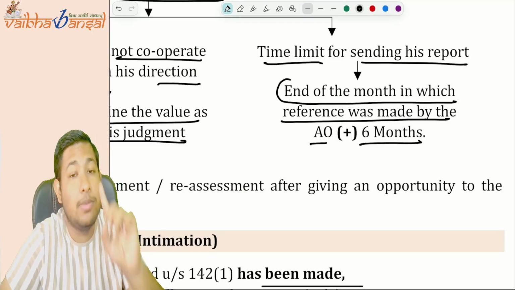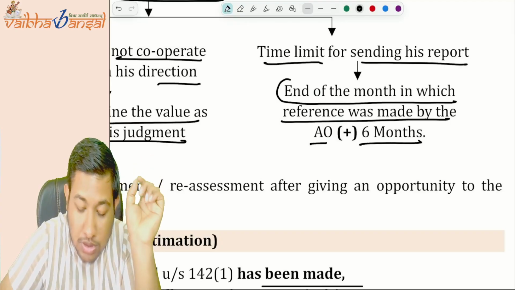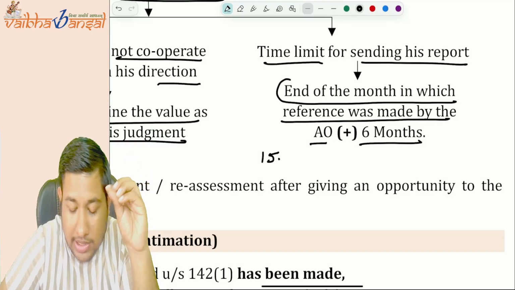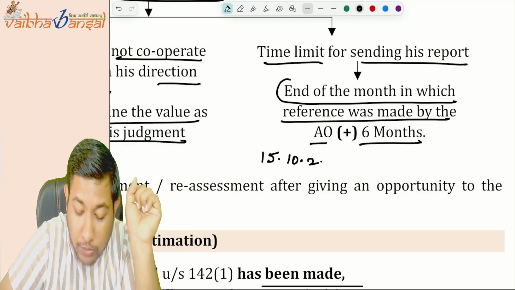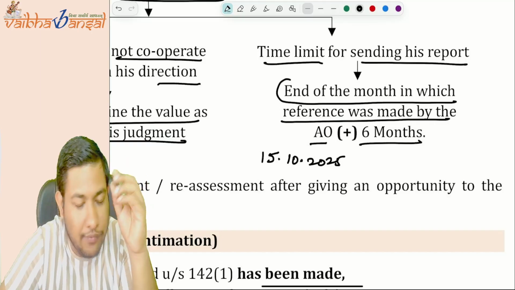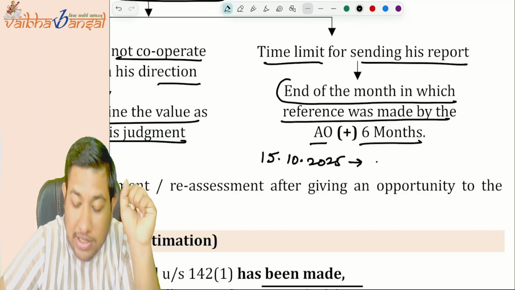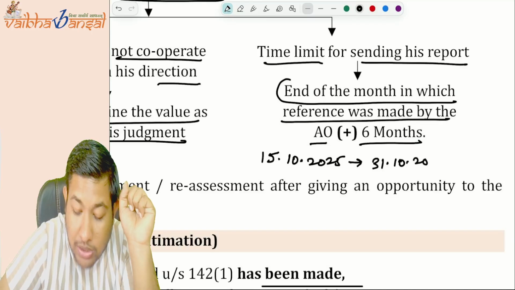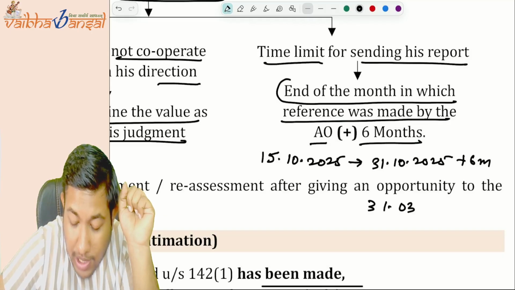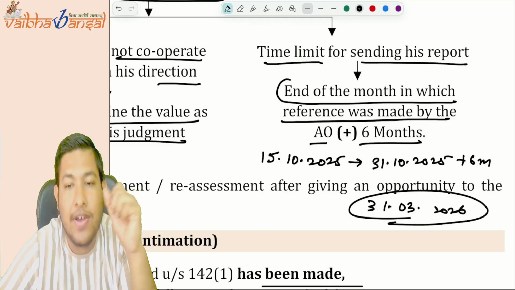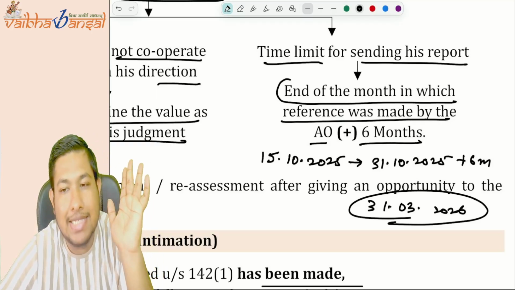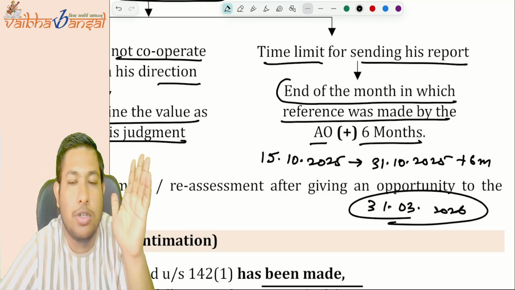Suppose the reference is made to the valuation officer on the 15th of October 2025, the end of the month is 31st of October 2025, plus 6 months, it will come to 31st of March 2026. This is the final time by which the valuation officer needs to give his report to the assessing officer. Understood or no?